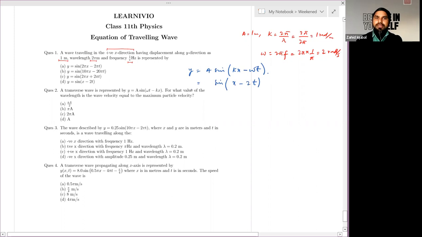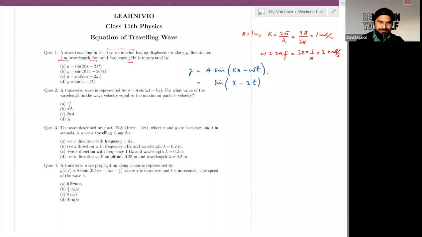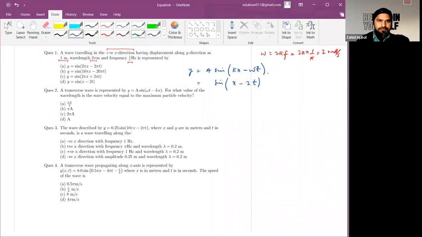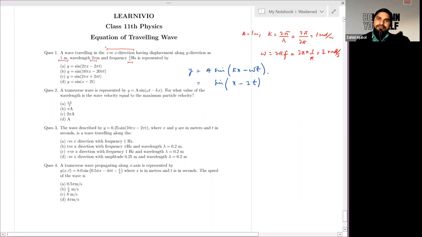So this will be the equation related to this part. Matthew, which option will be correct related to this one? Is it option D? Sir, D. Good.